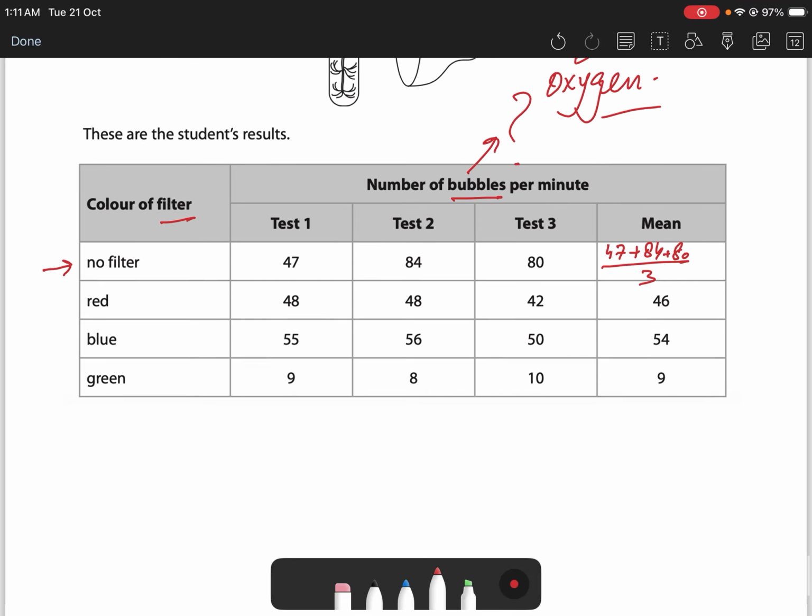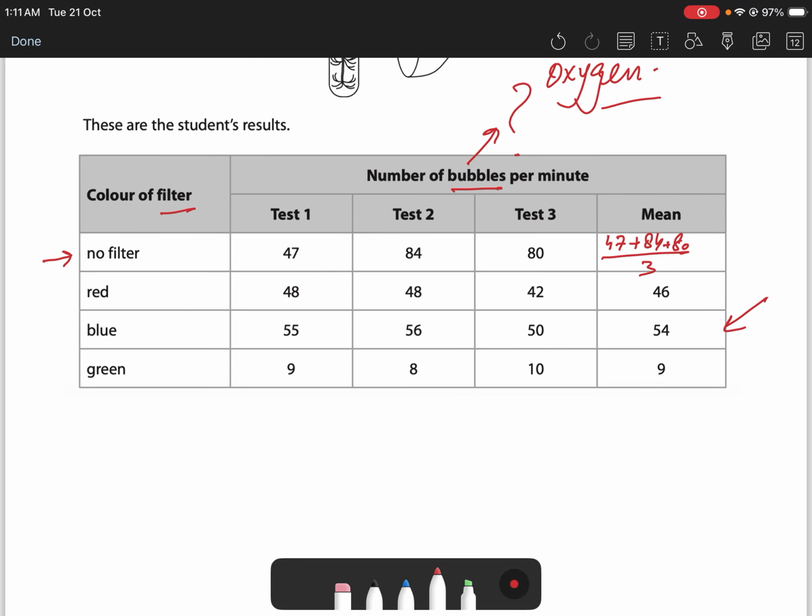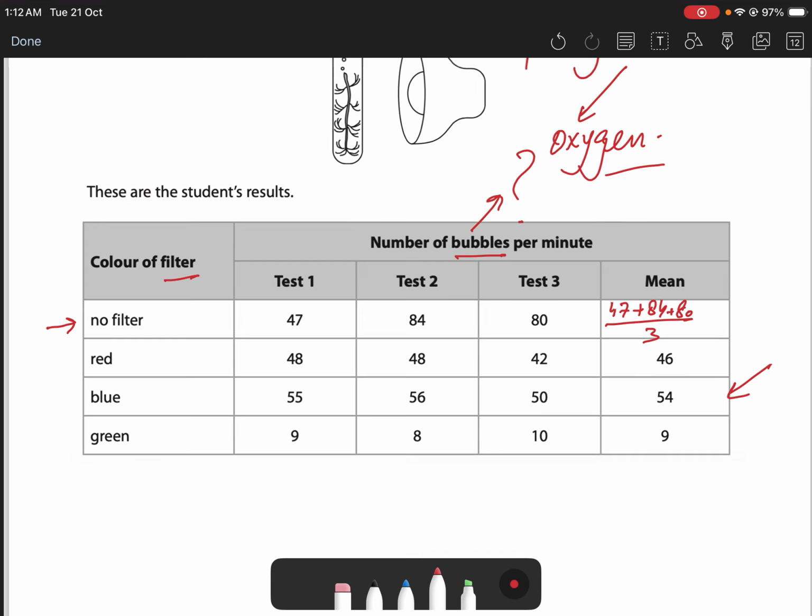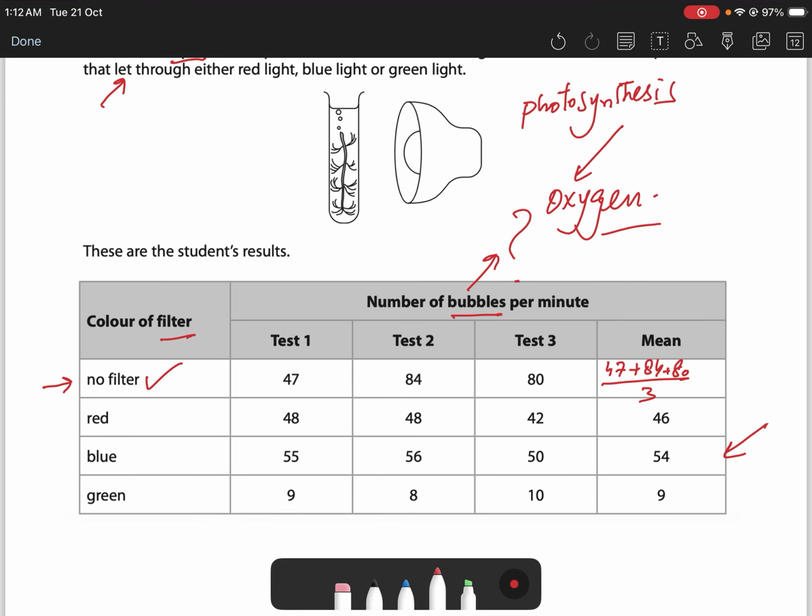What we need to know over here, the most important thing is what's happening with these lights. So when there is no filter, all the colors are falling on the plant and they absorb specific wavelengths. So the process of photosynthesis takes place very fast.